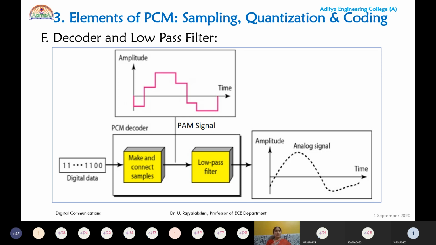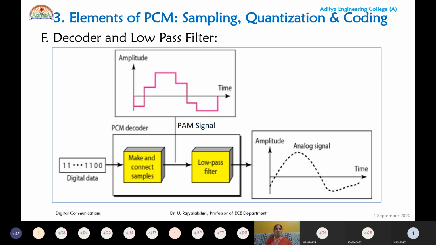For example, if we consider 3-bit data, the decoder divides the whole sequence into frames, each consisting of 3 bits.